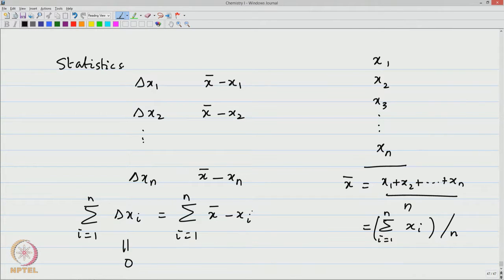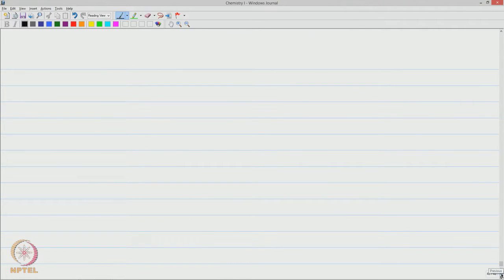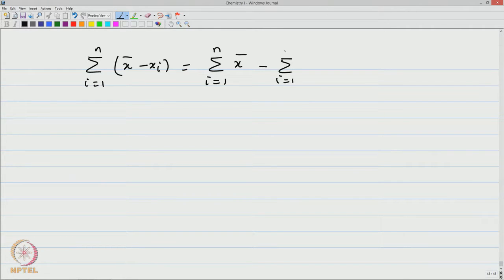Sum over i equal to 1 to n of x bar minus xi is sum over i equal to 1 to n of x bar minus sum over i equal to 1 to n of xi. Remember, x bar does not change, therefore, this is n times x bar, and this is already n times x bar. That is how we got the x bar. Therefore, errors are all not independent.